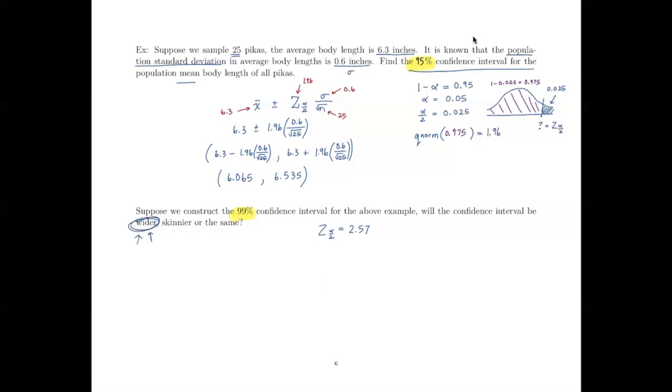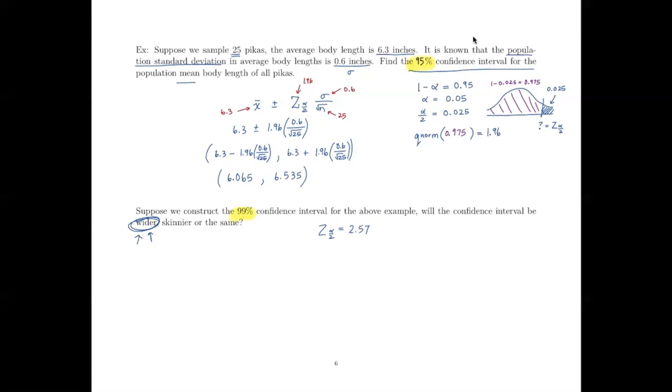And this makes sense, right? If your boss asked you to estimate some mean and said your best guess is fine, you're going to give a range of values. But if your boss says, give me the mean and you better make sure the true mean's in there or you're fired, then you're going to be a little more cautious and make the interval a little wider.